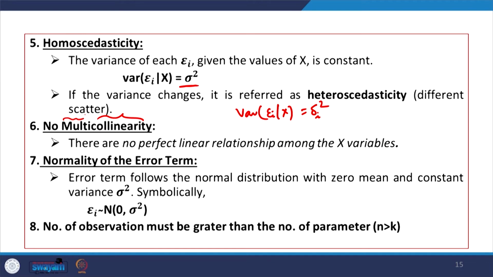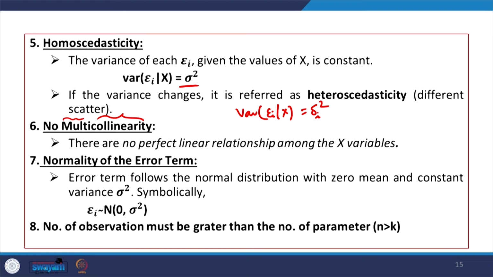What about multicollinearity? As the word says, it is collinearity among more than one explanatory variable. If there are multiple linear relationships, we simply say multicollinearity. In other words, there should not be any perfect linear relationship among the x variables.